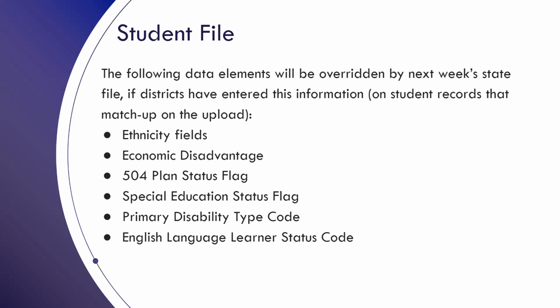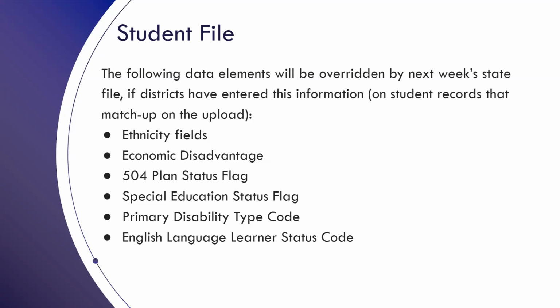Go ahead, yeah. Okay. So the economic disadvantage field will be blank. It is blank in the state file. This will be overridden for any districts who have entered economic disadvantage information into Acacia. The reason we are leaving it blank is because NWEA will be changing access to the operational reports so that school assessment coordinators will now have access to the operational reports.